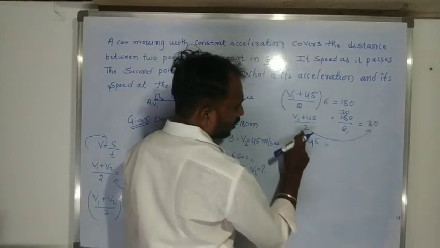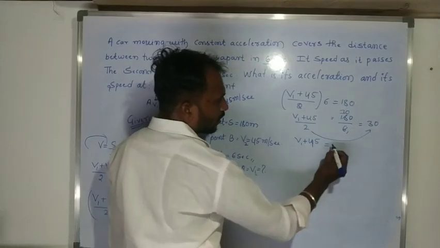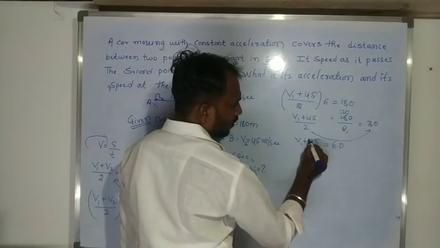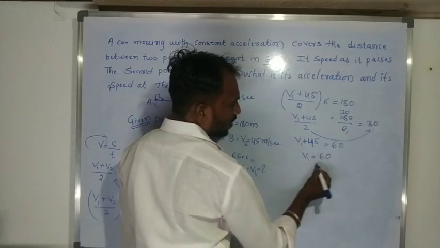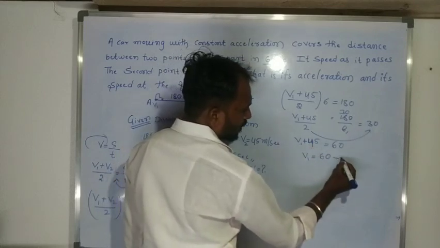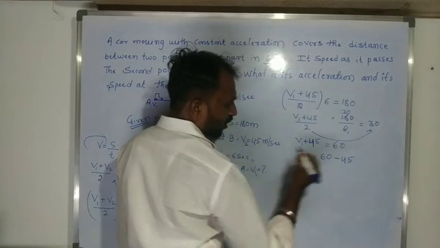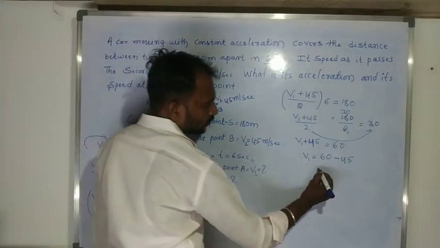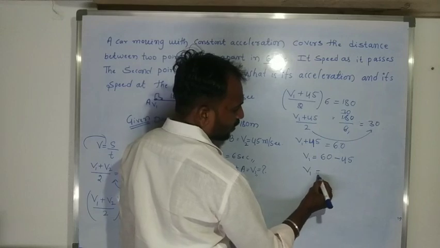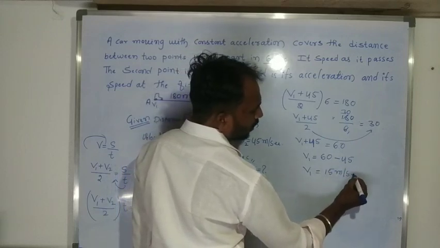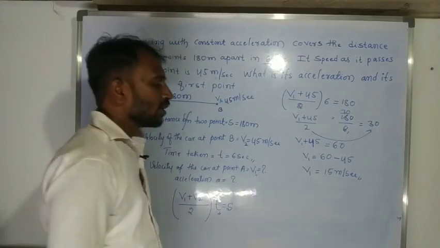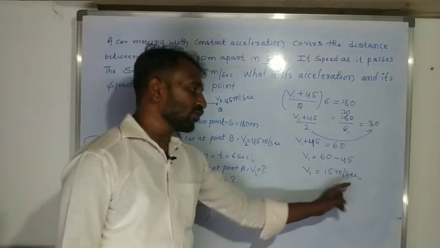Cross multiplication, 2 into 30 is 60. So v1 is equal to 60 minus 45. So here v1 is equal to 15 meter per second.